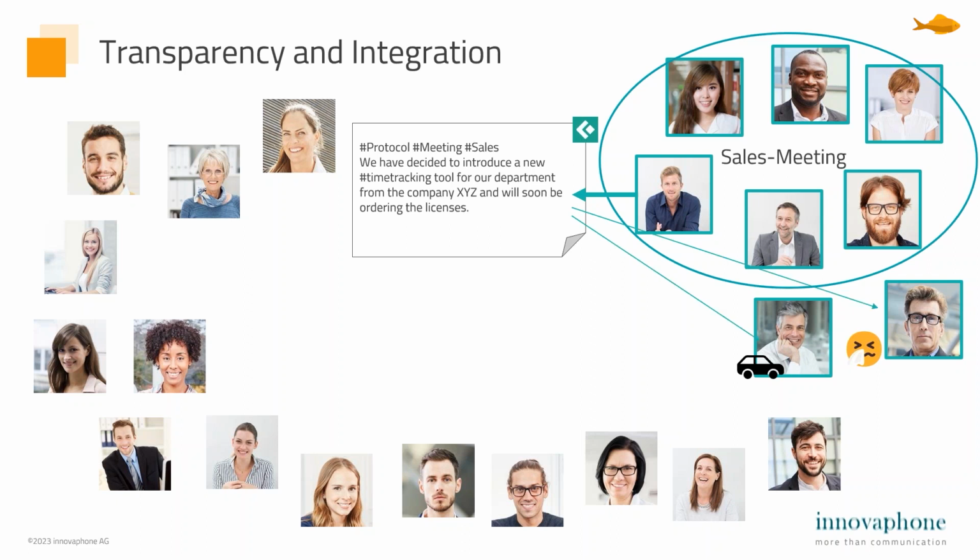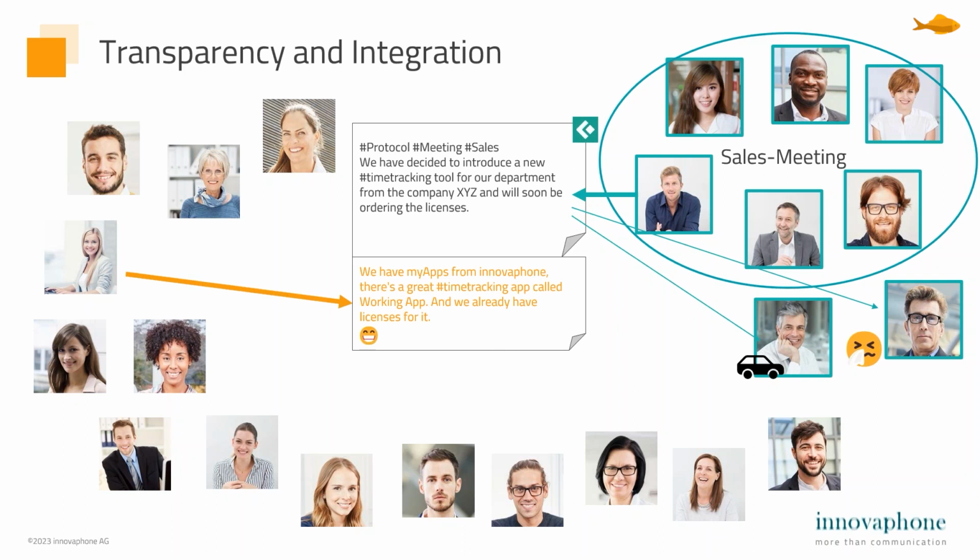Two of those people who have not been in the meeting obviously have access anytime they want to that content within the Connect app and can therefore retrieve that information on demand. Other people within the company who might have read the post or might follow certain hashtags here can jump in and contribute to this conversation by, for example, saying, hey, we have myApps from innovaphone. There's a great time tracking app called Working App, and we already have licenses for it.